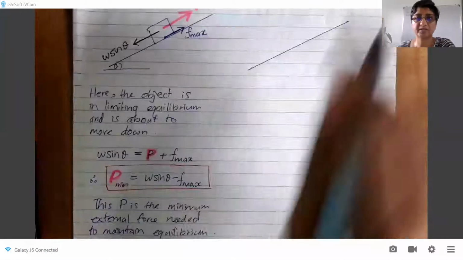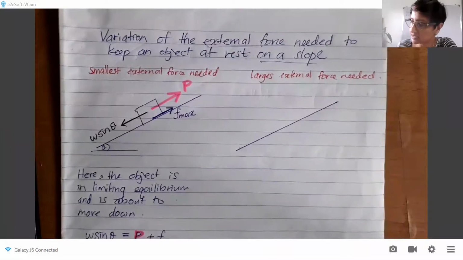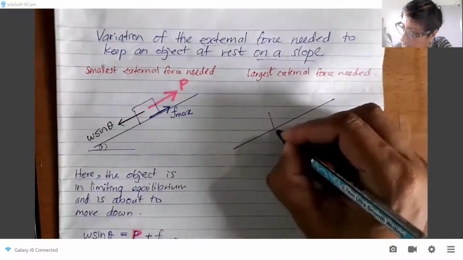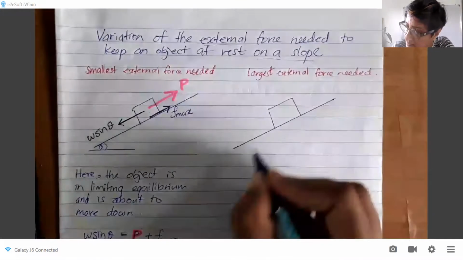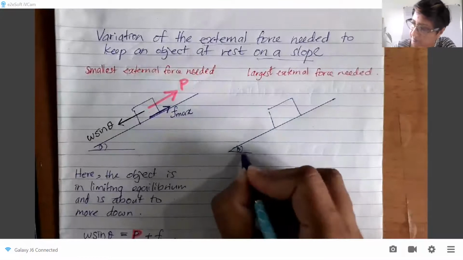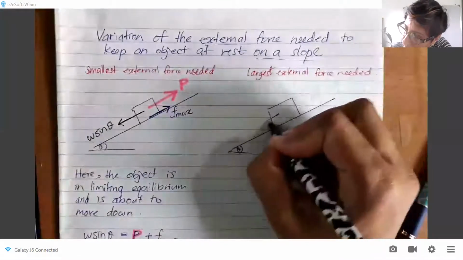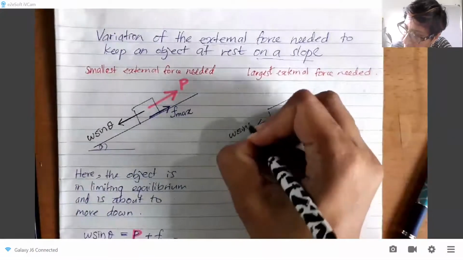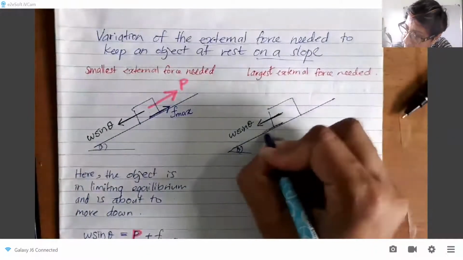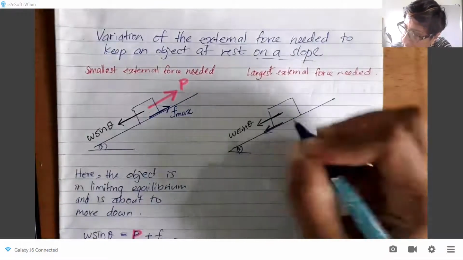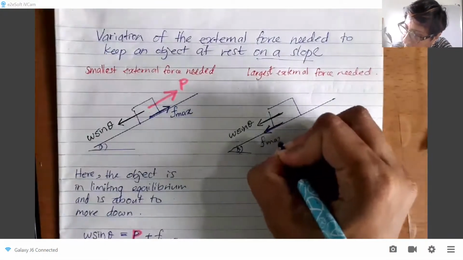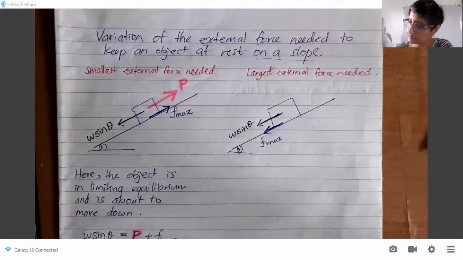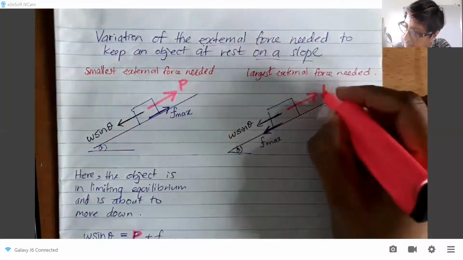On the other side, it's the largest external force. Again you have your component of the weight, W sine theta. And now F max is this way. And this is the largest force.